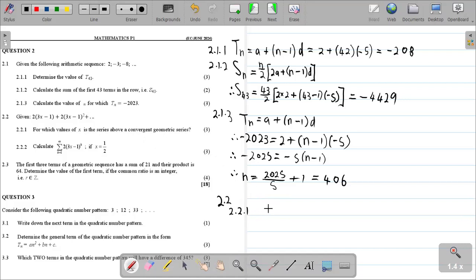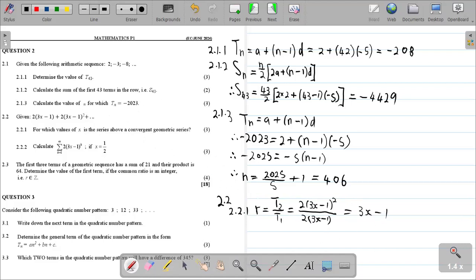So we should divide r equals T2 over T1, isn't it? So it's going to be 2 and then 3x minus 1 squared, and then divided by 2 and then 3x minus 1. Okay, so it's going to be 3x minus 1.